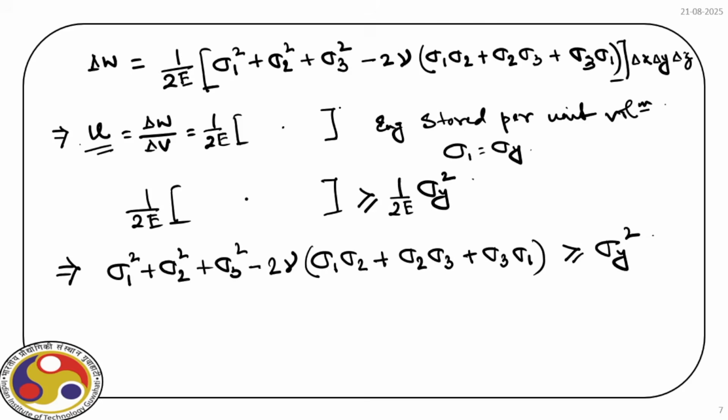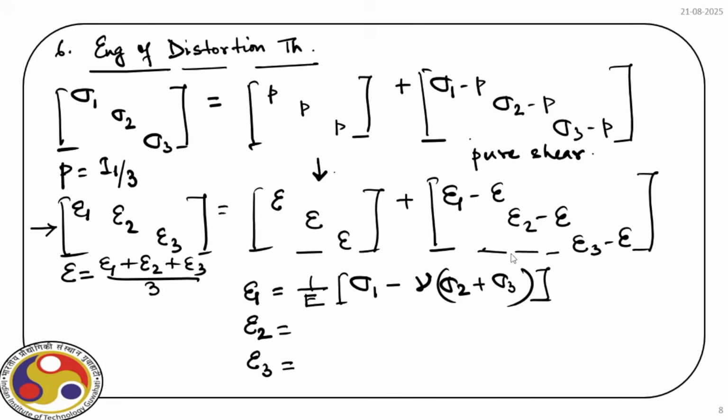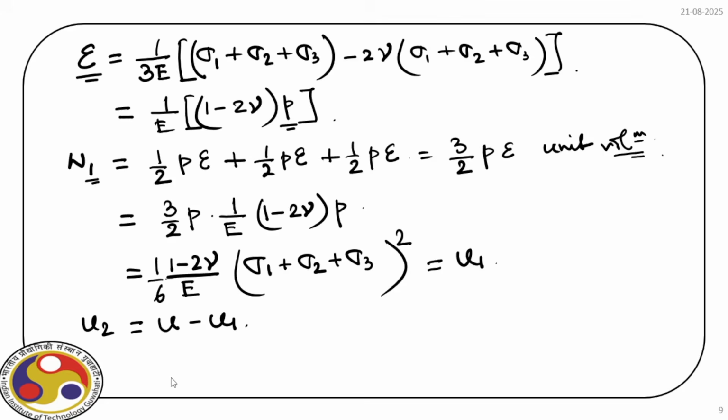So if we use this expression, we can now find out the energy corresponding to the second term, which is here. Okay. So that we'll do in a minute, and that will be the energy corresponding to the distortion due to the state of pure shear.